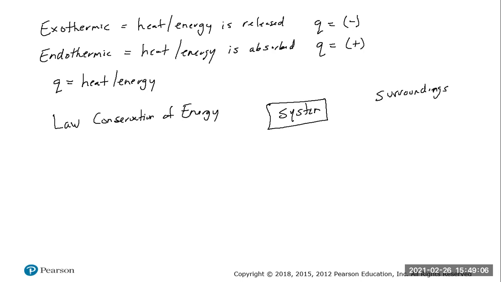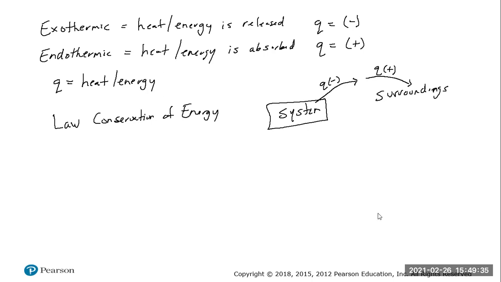If the system loses heat and energy, Q for the system would be negative, since it is giving off that heat and energy. Somebody has to absorb that, and for our surroundings, Q would be positive. It's going to absorb all that heat and energy being given off by the system.